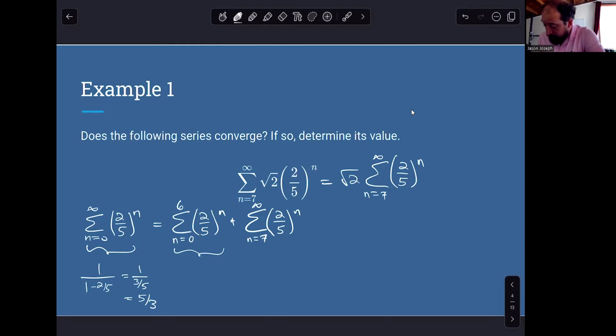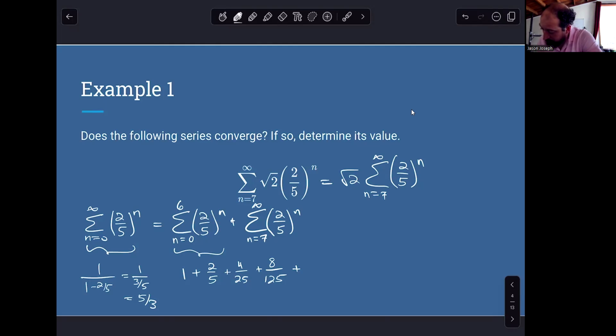I guess we could leave it like that, maybe, but I'm interested in getting sort of a real answer. So 1 is the first term there, plus 2/5 plus 4/25, and well, I might need my calculator. We've done 0, 1, 2, 3 terms so far.